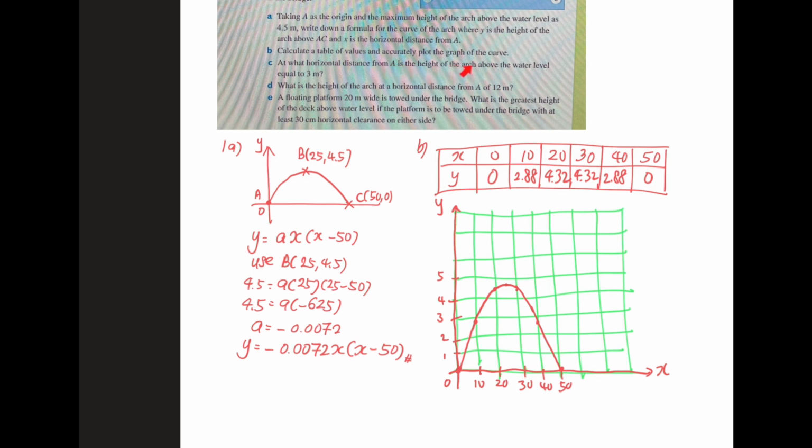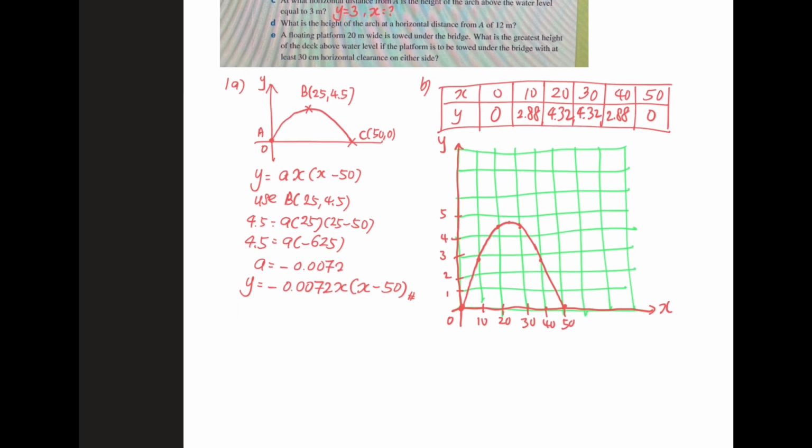Okay, question c. At what horizontal distance from A is the height of the arch above the water level equal to 3 meter? So that means they are trying to ask, when y equal to 3, x is what? So this is what they are asking for question c.